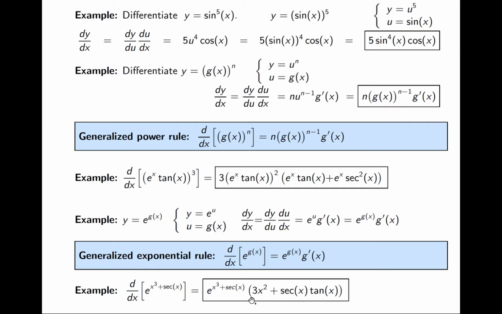You got to remember to put that whole thing in parentheses because we're not just multiplying this times 3x squared and then adding secant x tangent x. It's e to this power times this whole expression. That's our g prime of x. So there's our answer. And notice that we got it in just one step with the generalized exponential rule.